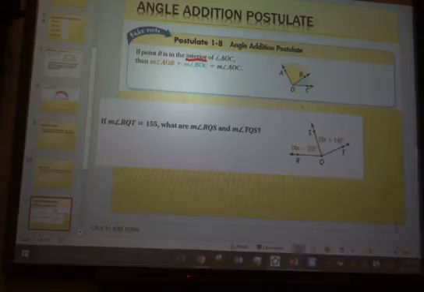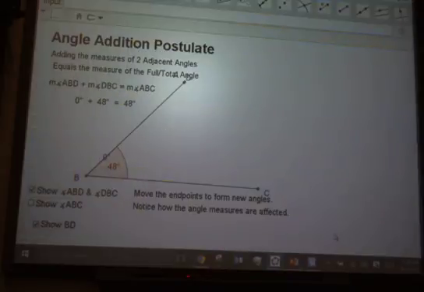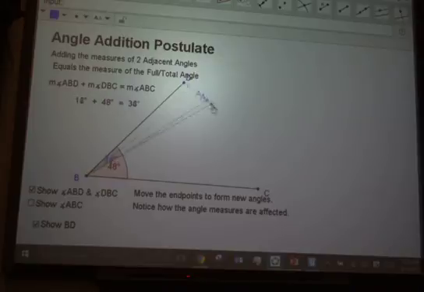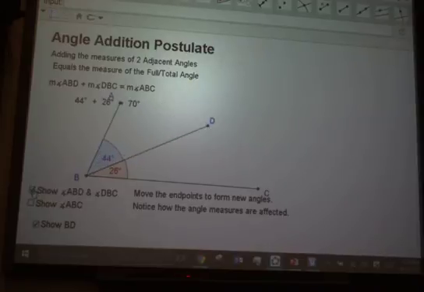Another way of visualizing it, so it's kind of dynamic, is this idea here. We have just some angle of 66 degrees.